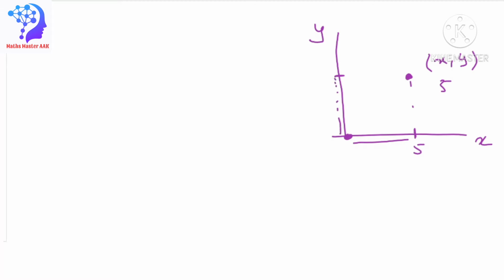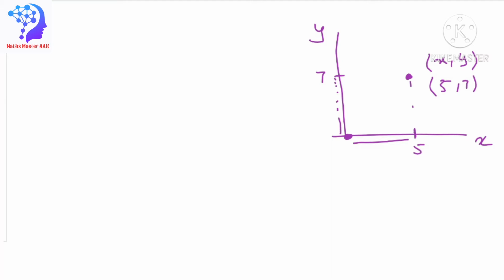Let's suppose you have x and y axes here and you want to define this point P. This point P can be described with this x and y value, where x is the distance from the origin on the x-axis. Let's suppose this value is 5, so the x value of this point is 5. On the other side, y describes the height of this point from the origin. Let's suppose this height is 7. It means the y value is 7.